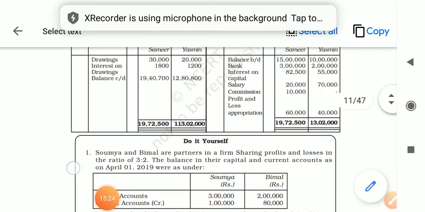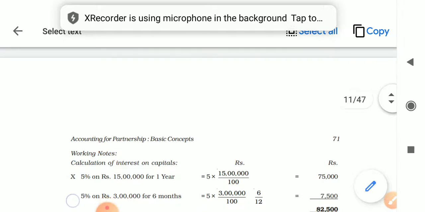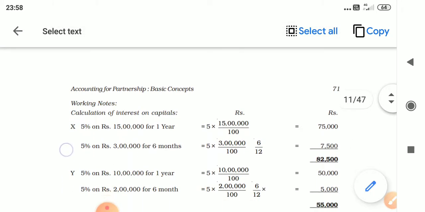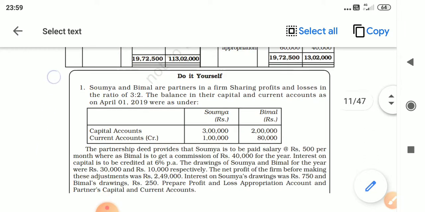Now I am on page number 71, NCERT book. Okay, do it yourself. Soumya and Bimal are partners. Now before going to the sum, I would like to make another point clear. If the question is silent as to which method you have to follow, then you should always follow the fluctuating capital method.